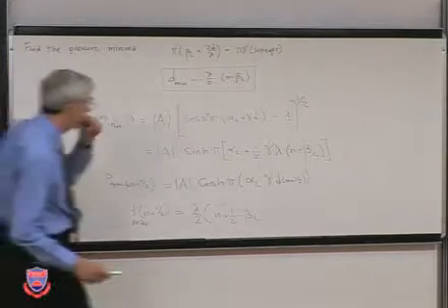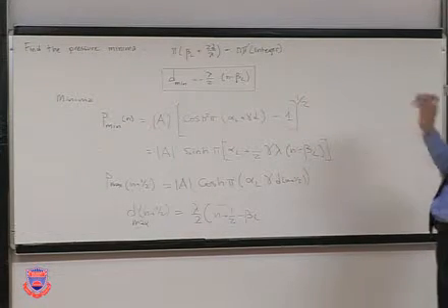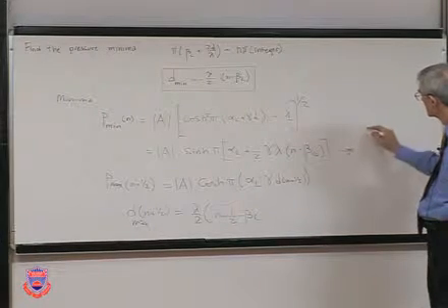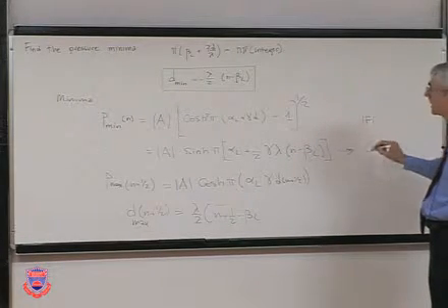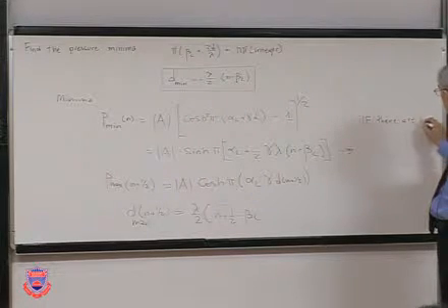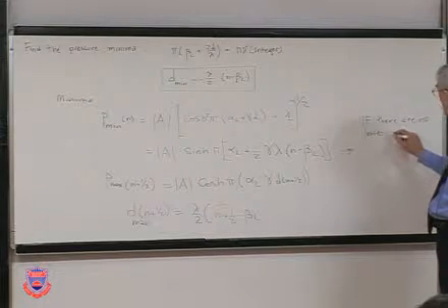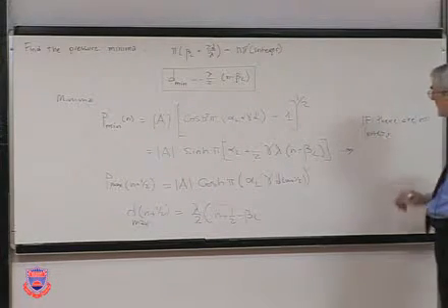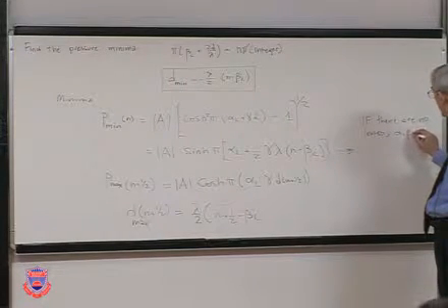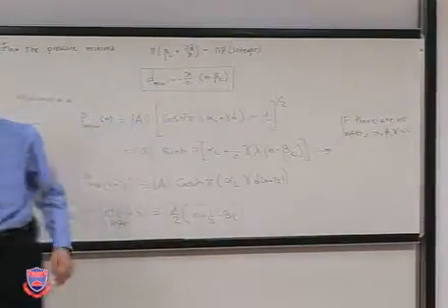Now let's, excuse me, let's take a quick look at this. If there are no losses, okay, and alpha, beta, gamma are all zero, what happens?